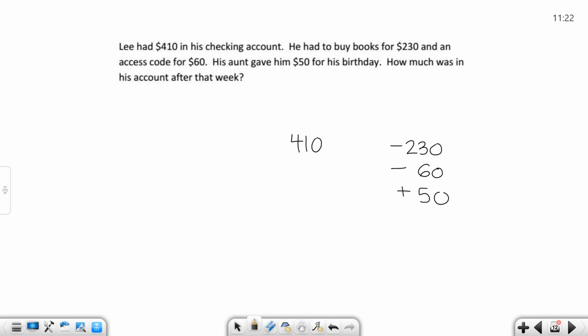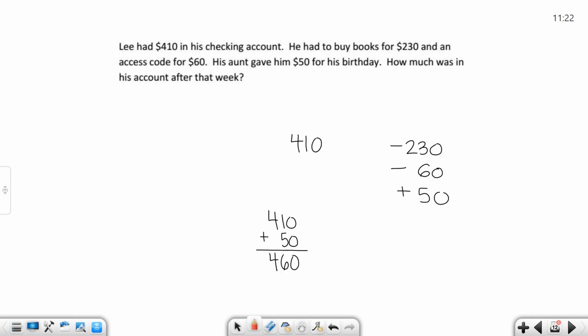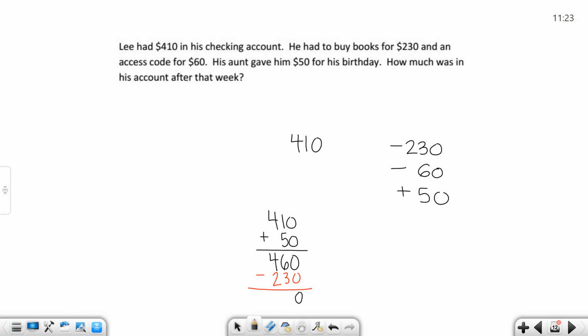I think I'm going to do the credits. So he had $410, and his aunt gave him $50. So that means he's going to have $460. Okay. However, we're going to take off $230 for the textbooks. Okay, so when I take off $230, that's going to leave me with $230 left. Just by coincidence, it's the same number. So I took off the textbooks.